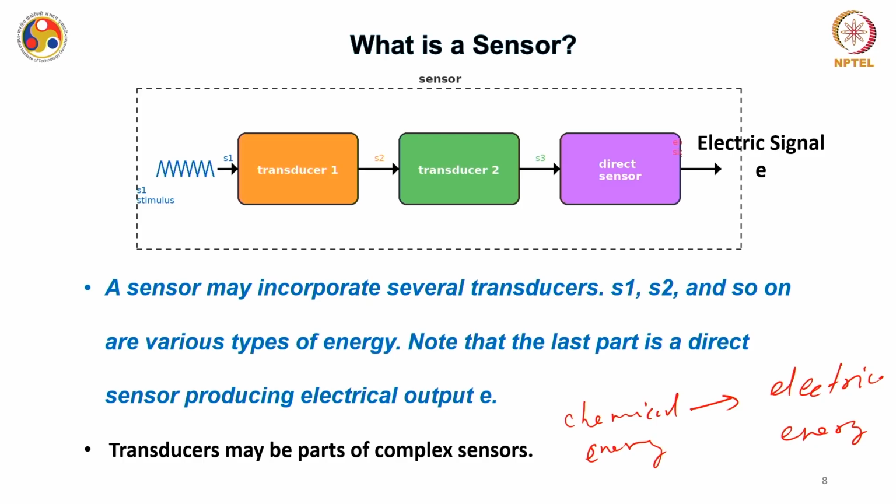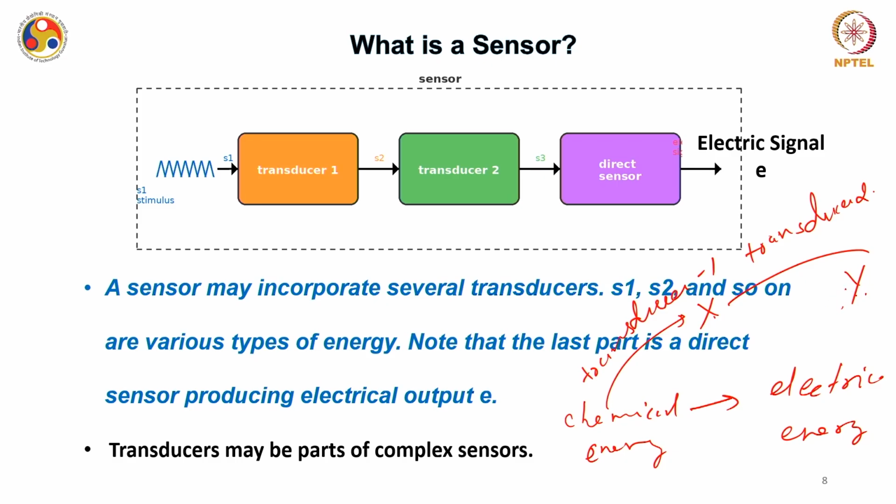Okay, what we can do is we can have multiple transducers, which can convert this chemical energy to another energy, say X. Now this is done by, say, a transducer 1. And I have another transducer, transducer 2, which can convert this X to Y. Now this Y is, say, for example, not the chemical energy.